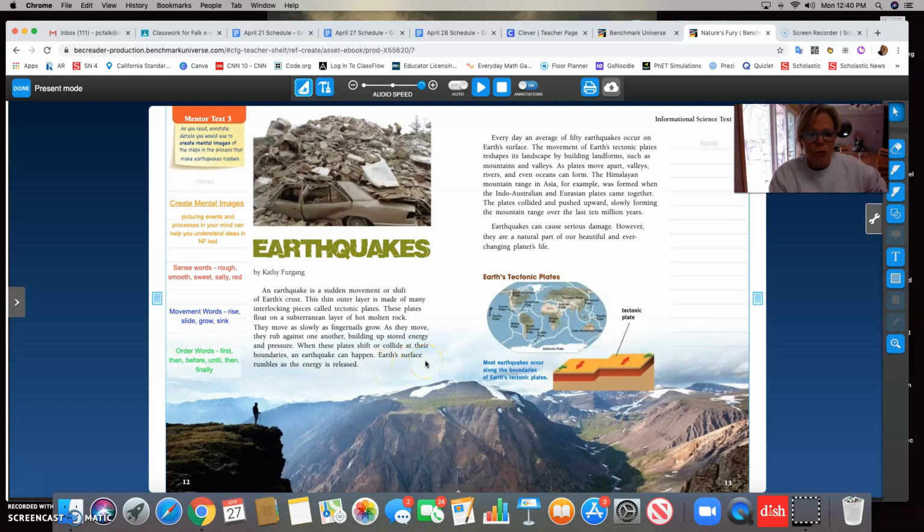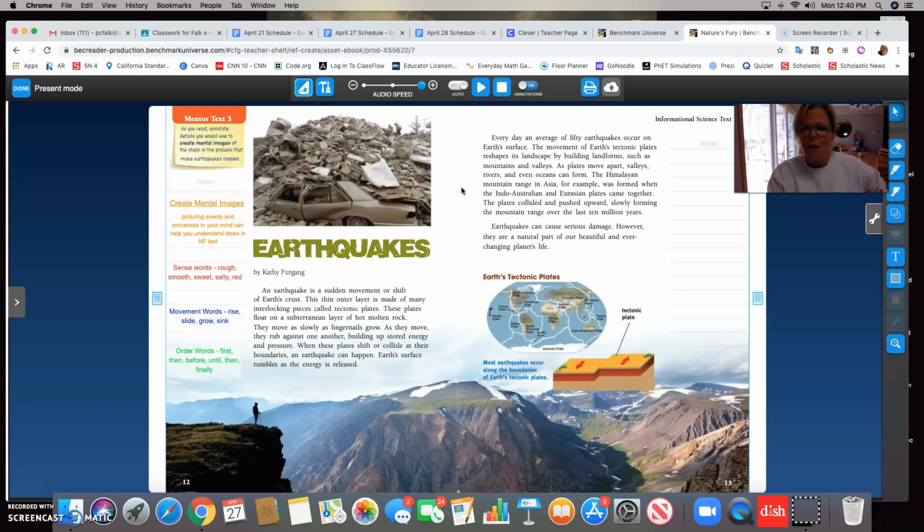Earth's surface rumbles as the energy is released. Every day, an average of 50 earthquakes occur on Earth's surface. I bet you didn't know that. I didn't. The movement of Earth's tectonic plates reshape its landscape by building landforms, such as mountains and valleys. As plates move apart, valleys, rivers, and even oceans can form.